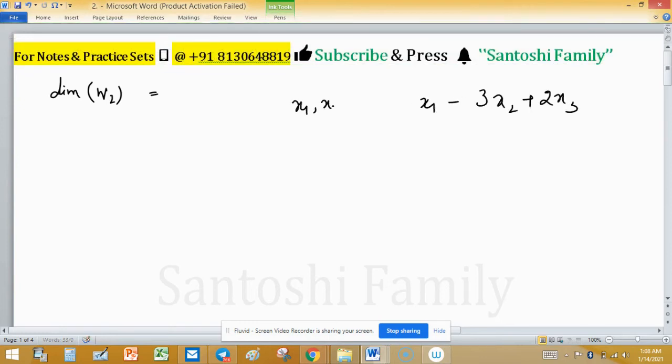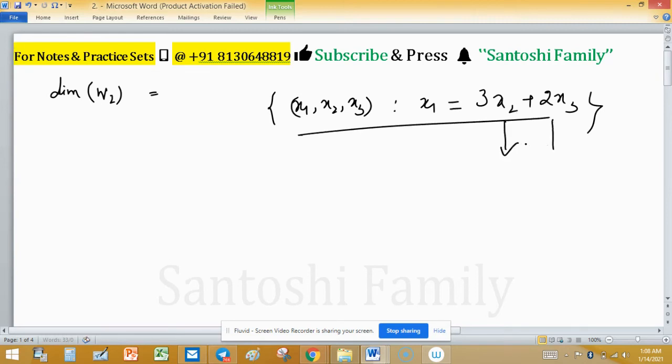If x1, x2 and x3 are constituents of any element which belongs to W2, then it satisfies this condition. Similarly to W1, we are free at two choices, so the dimension of W2 is 2. Now we have to find the dimension of the intersection of W1 and W2.